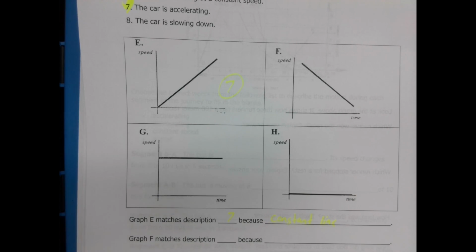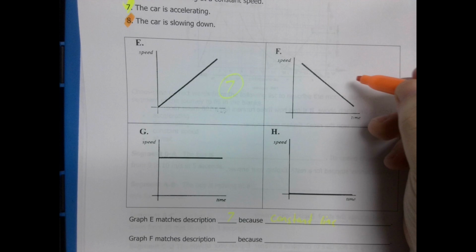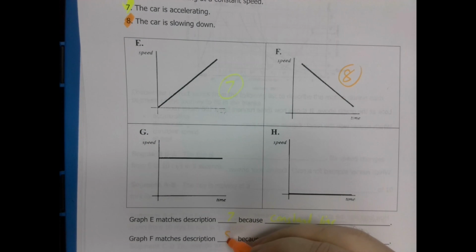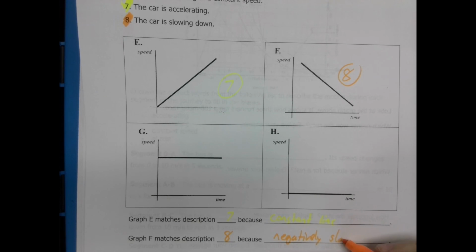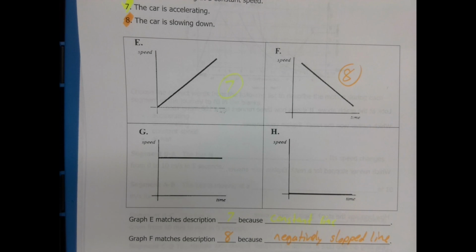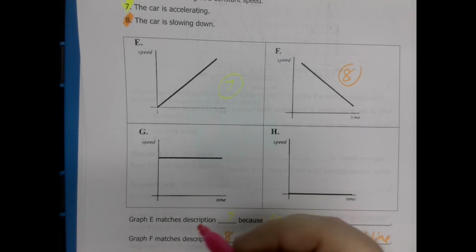F is doing what? So we're slowing down, because it's a negatively sloped line. G matches what? Well, this is flat.